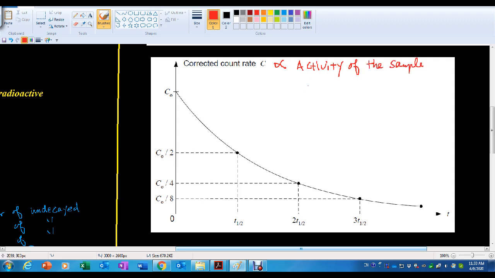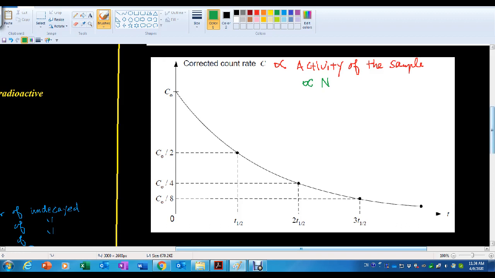Remember that the activity of the sample is directly proportional to the number of undecayed nuclides. So when the number of undecayed nuclides is dropping, the activity is also dropping, and they follow the same exponential decay curve.